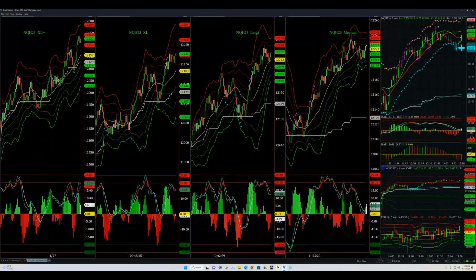Second clip here, this is Fari's CI indicator, and it is a much more sensitive version of the DMZ, right? The DMZ is the difference between two different CIs, right? So it's kind of mind-bending, but this is a very simple trend indicator as well, and it's also a good momentum indicator because it's basically a zero lag version of the MACD.